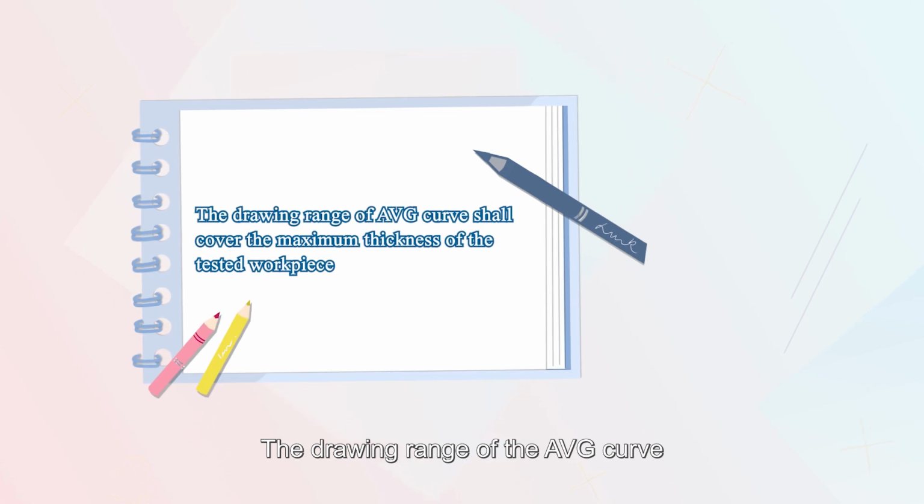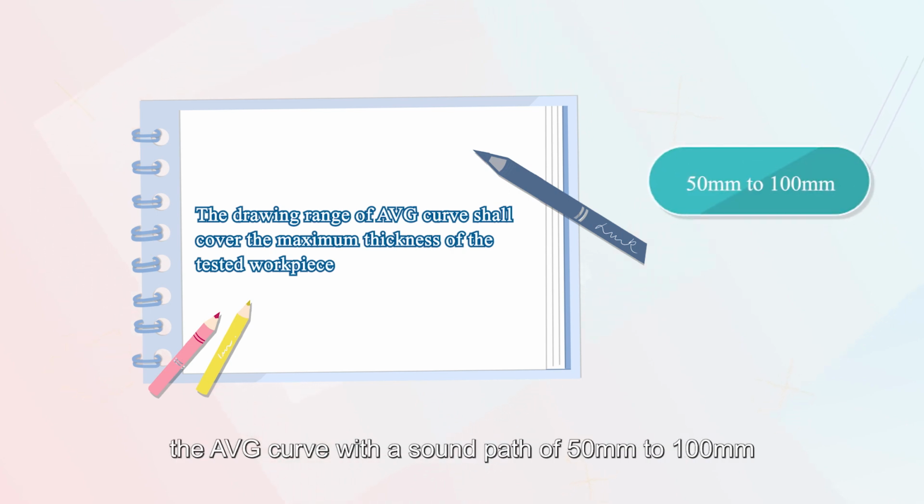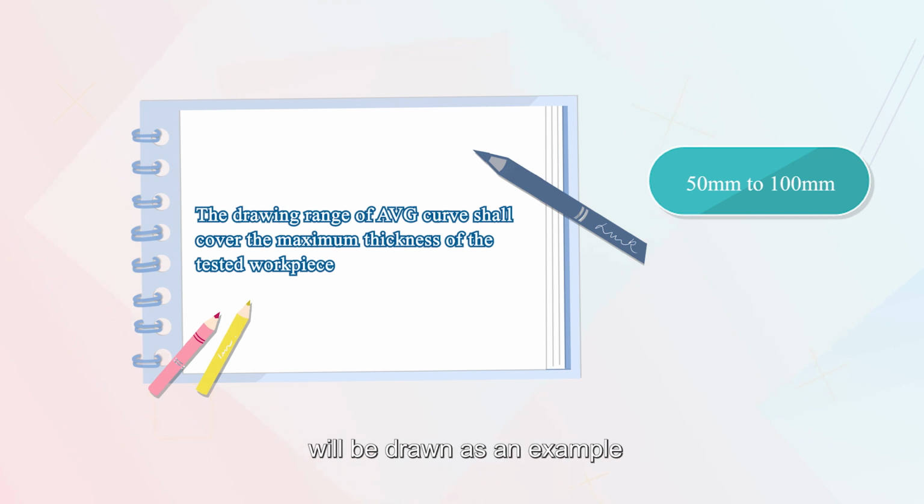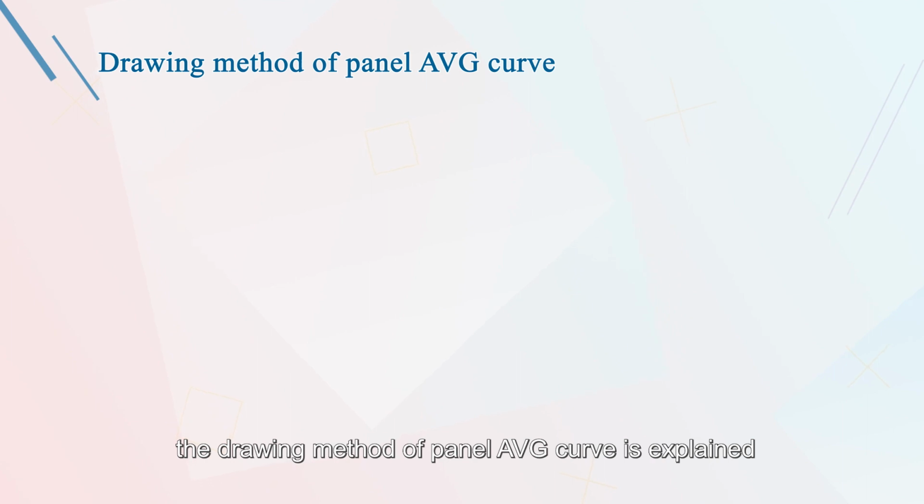The drawing range of the AVG curve needs to cover the maximum thickness of the tested workpiece. In this experiment, the AVG curve with the sound path of 50 mm to 100 mm will be drawn as an example. Firstly, the drawing method of panel AVG curve is explained.